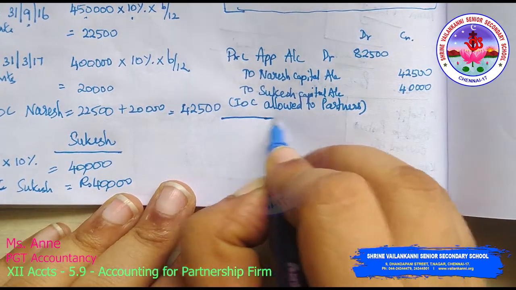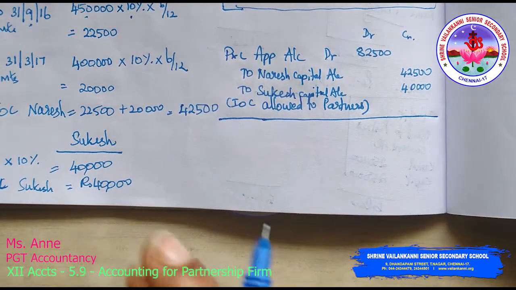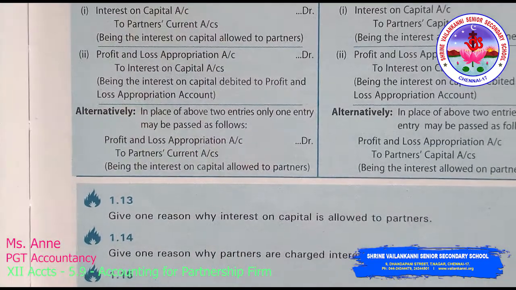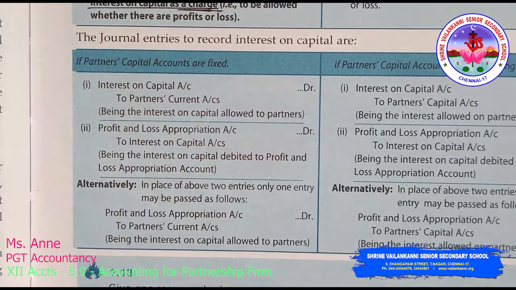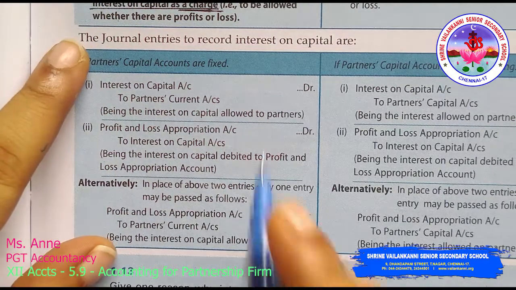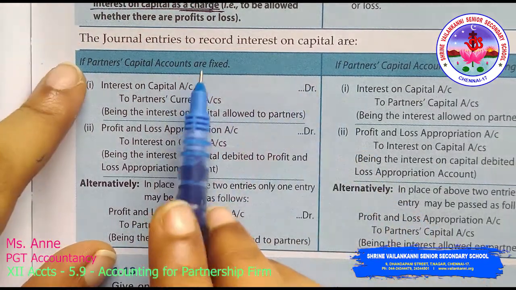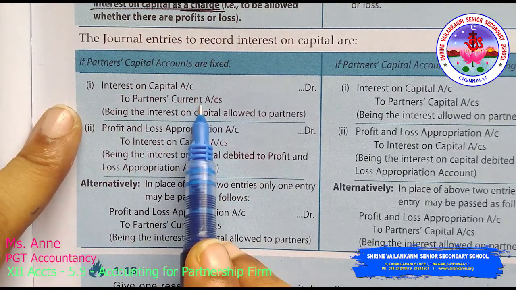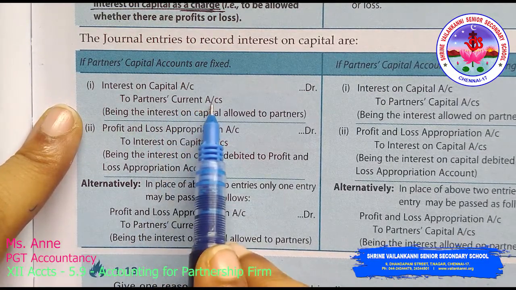If you can understand this, you will be able to do this. I'll just show you the journal entry for better understanding. See, in this part you have the journal entries to be recorded for interest on capital. If it is the fixed method, you need to follow this; the only difference is the current account, where the name of the partners' capital account will be the current account.